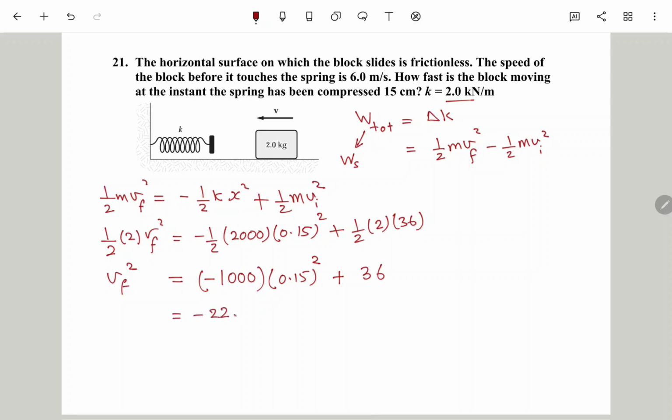Minus 22.5 plus 36 equals V final squared, or 13.5. This is V final squared. V in this case is equal to the square root of 13.5, or V equals 3.7 meters per second.